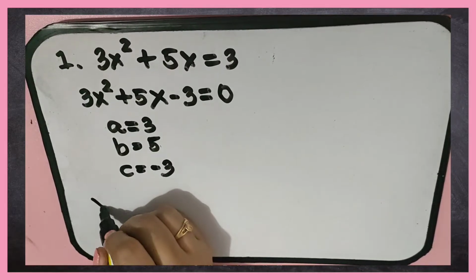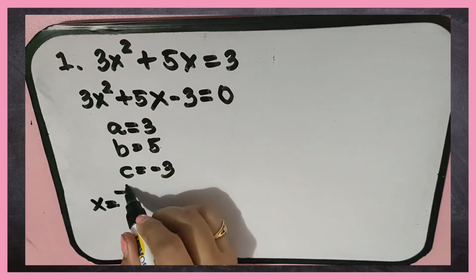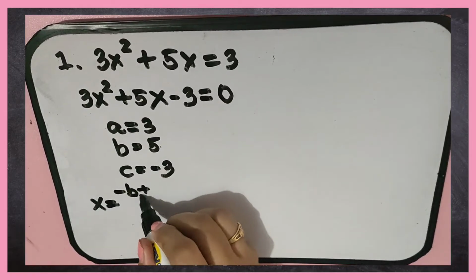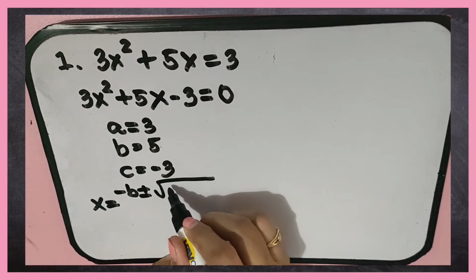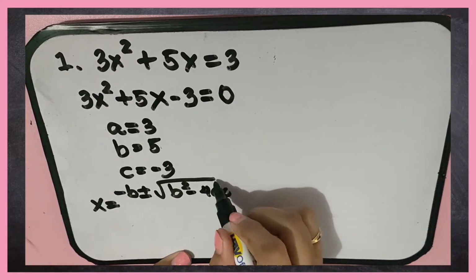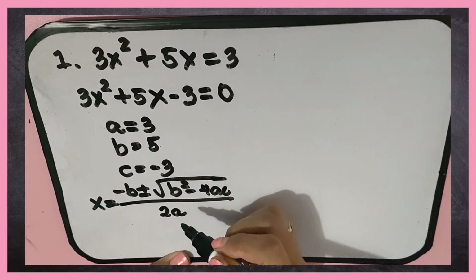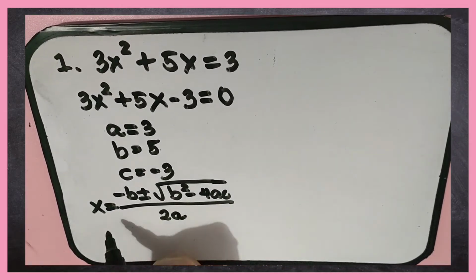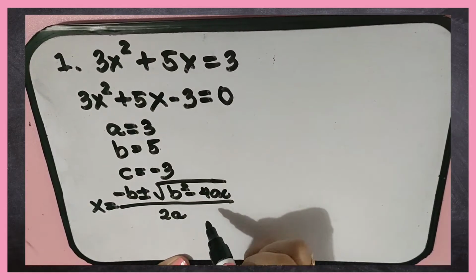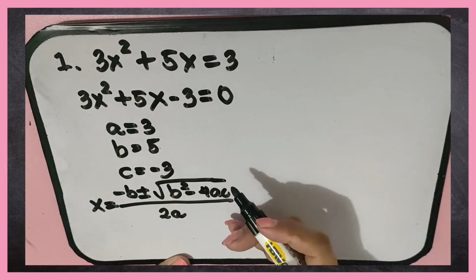Then, let us write the quadratic formula. x equals negative b, positive negative square root of b squared minus 4ac all over 2a. Mas maganda na ma-memorize nyo yung quadratic formula at saka maging familiarize kayo sa kanya.